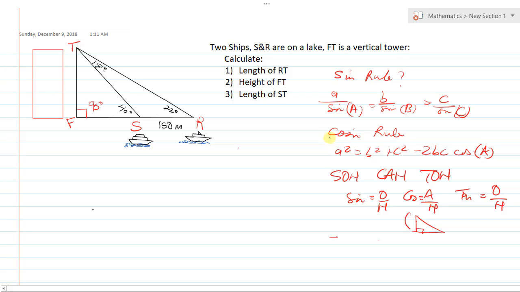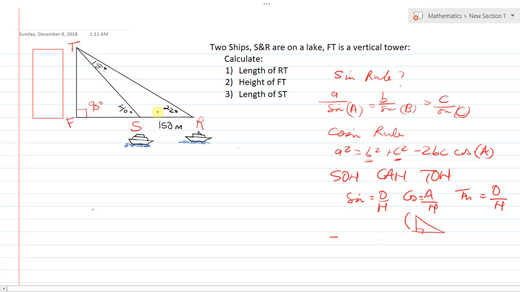The reason why we can't use the cosine rule is because there need to be two known sides. In this triangle, or even in this entire right angle triangle, we know only one side, and that's the value of 150. It's a good thing that we were also provided with two angles, 18 and 22.